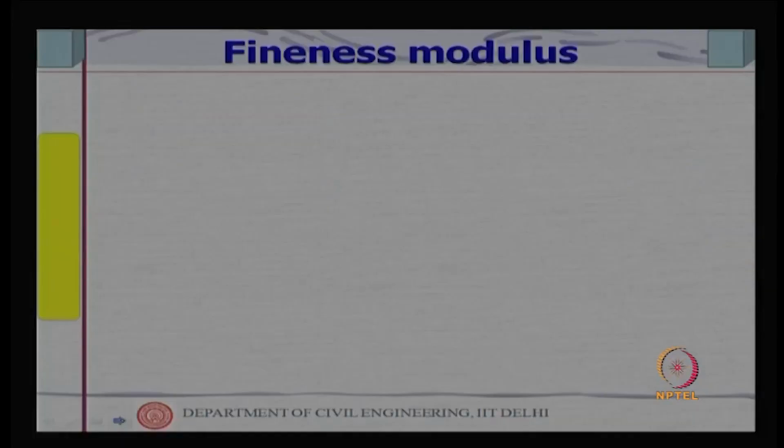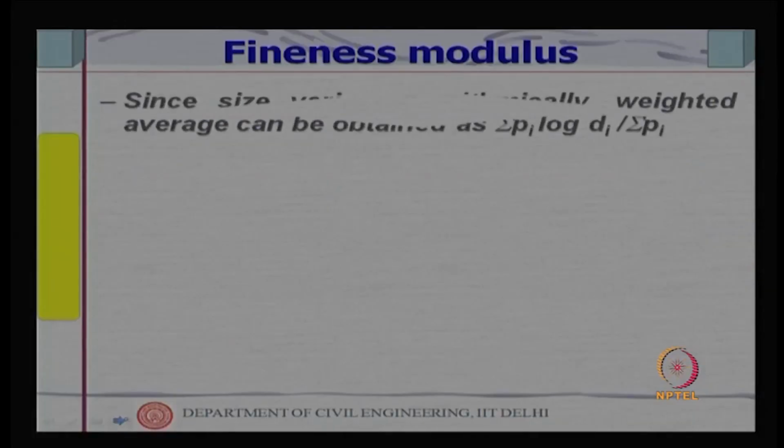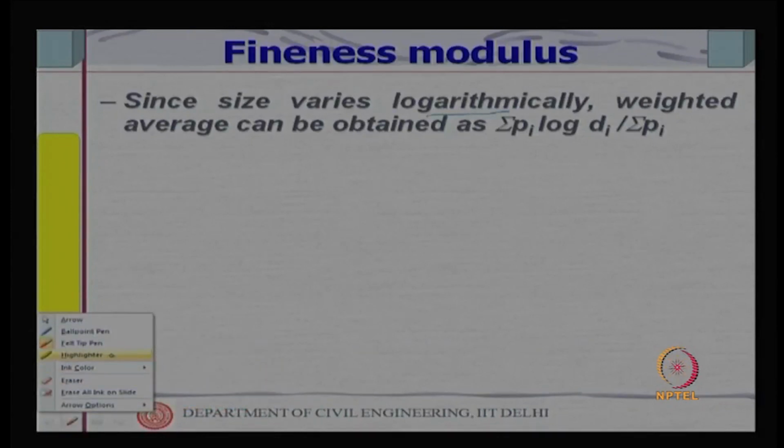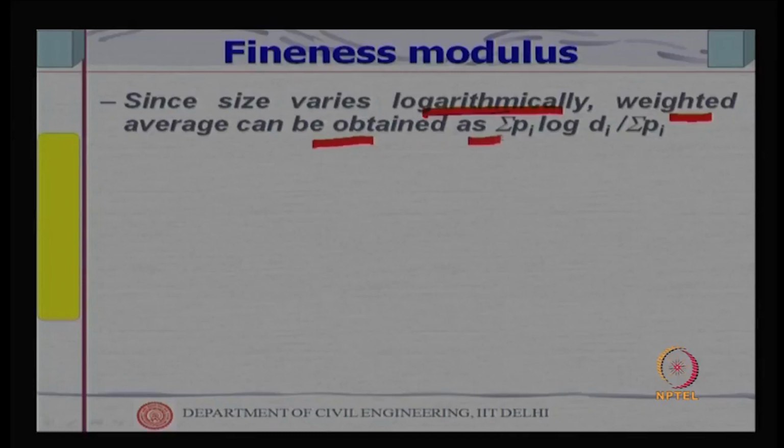So, fineness modulus. Since size varies logarithmically, a weighted average can be obtained as pi log d, size.